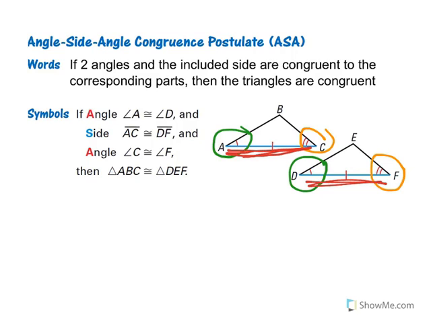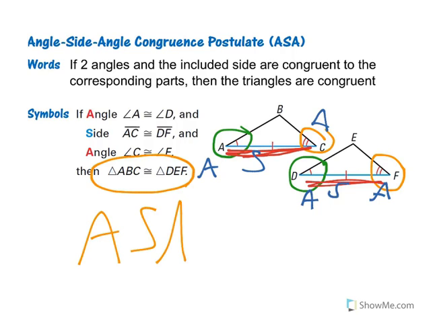So we have angle, side, angle; angle, side, angle. So triangle ABC is congruent to triangle DEF by angle-side-angle, making sure that the side is in between the two angles.